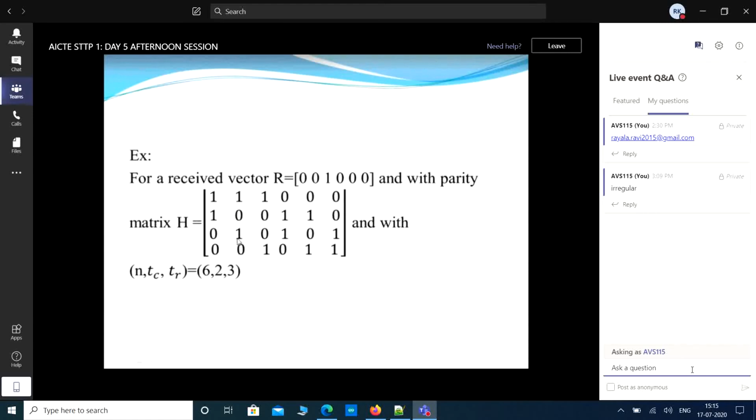S1 is connected to C2 only. So 1 means there is a connection between S1 and C naught, and 0 means there is no connection only.